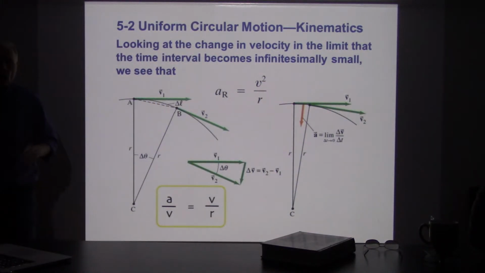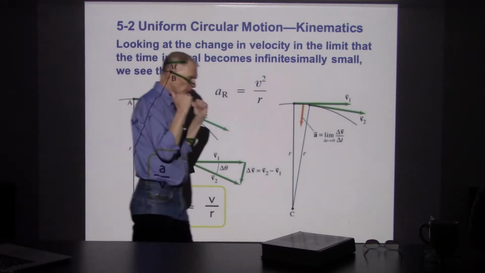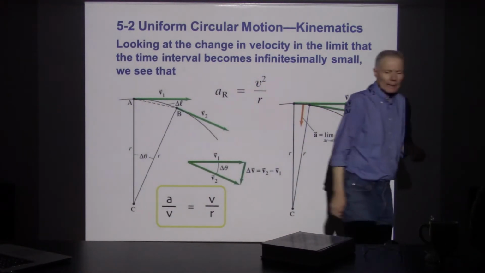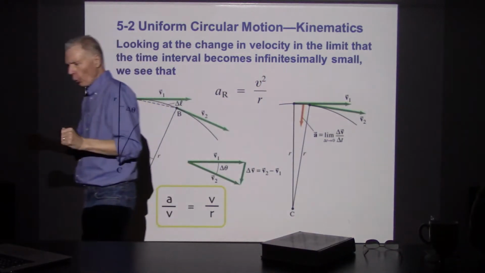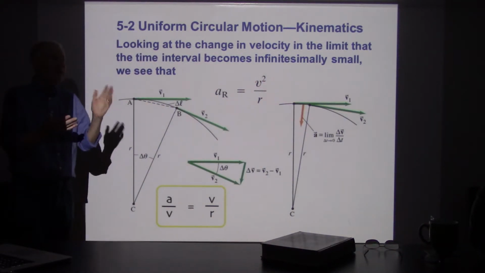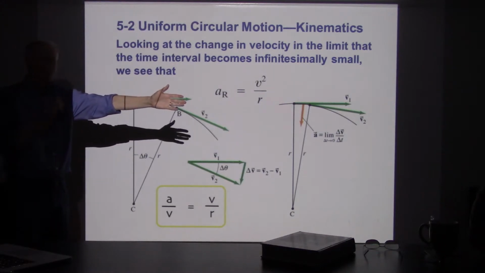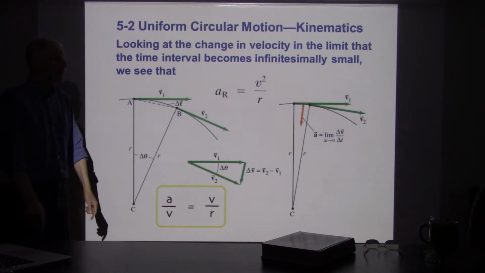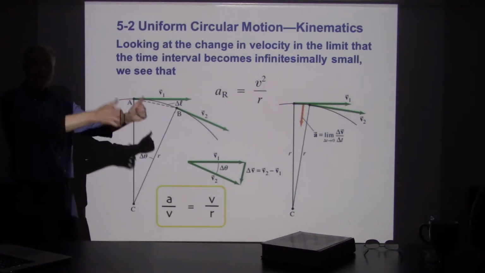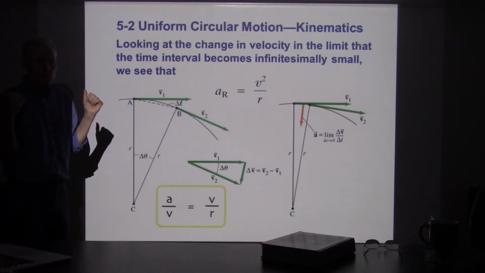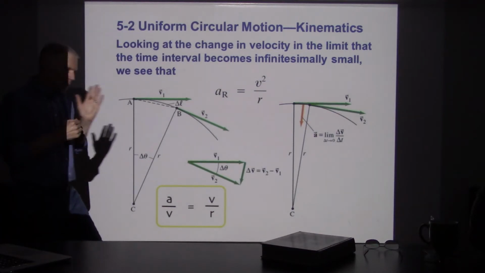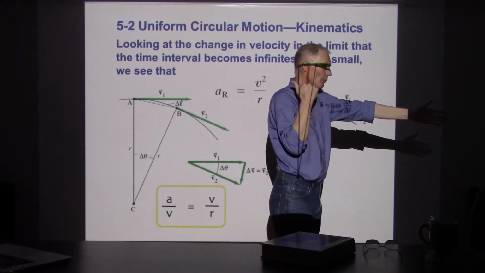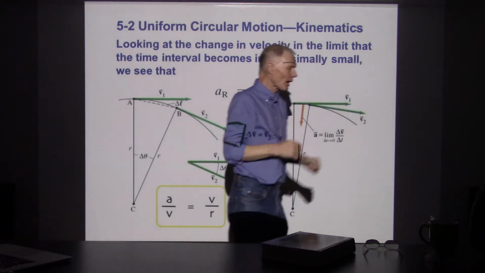If I'm walking along and I have an acceleration backwards, then I'm slowing down. Those are results of forces. So what is it that would create an acceleration forward? Well, that would be a force in the forward direction. What would create an acceleration backwards? That would be a force in the backwards direction. So to speed me up, I want a force in the direction I'm traveling. To slow me down, I would want a force opposite the direction I'm traveling.